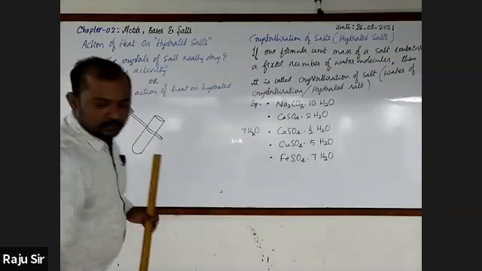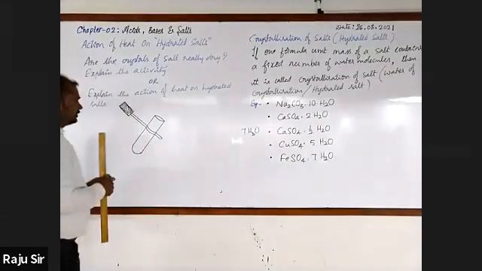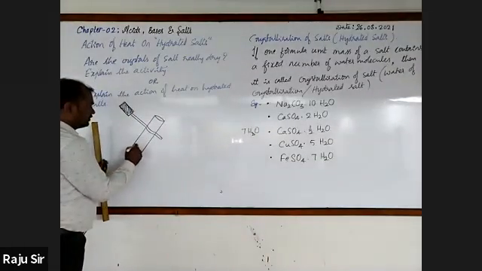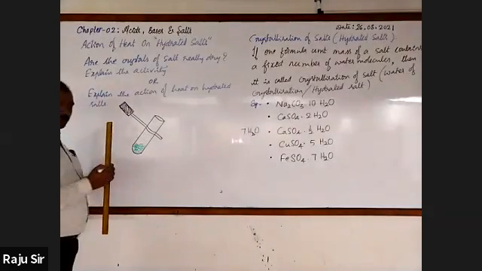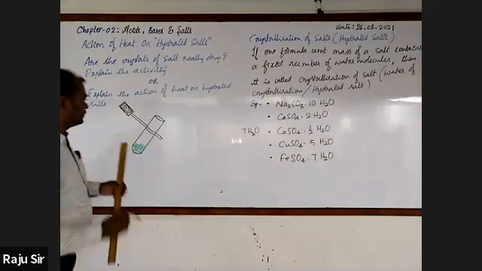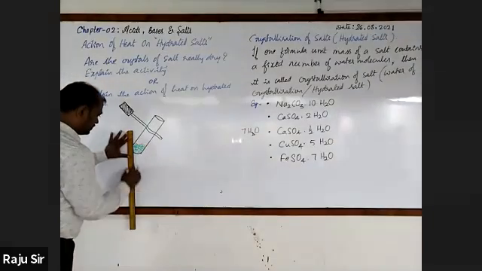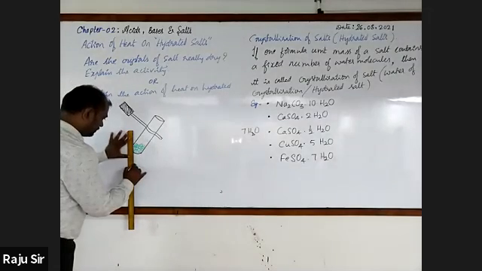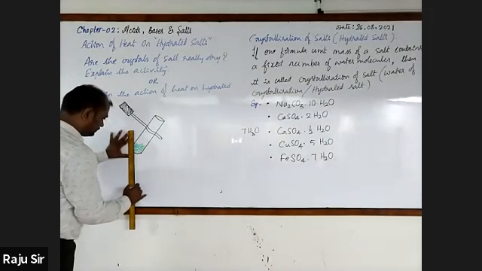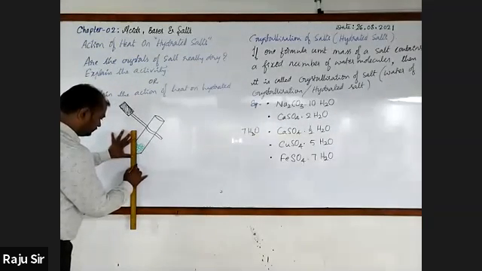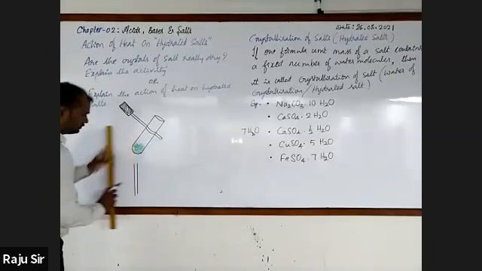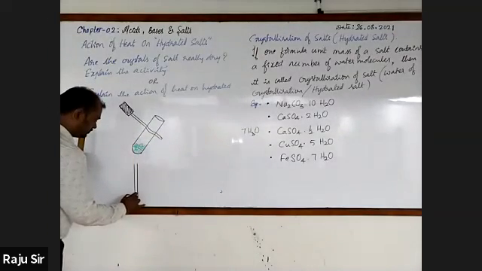Next, we'll take some crystal salt, iron sulfate. Of course, we shall go for labelling it. Then draw the Bunsen burner. This is the Bunsen burner.